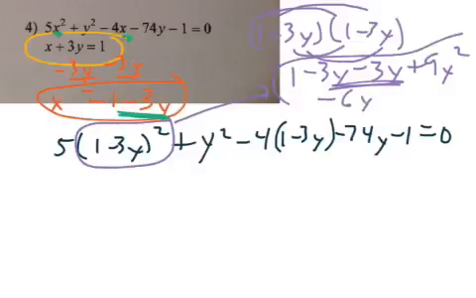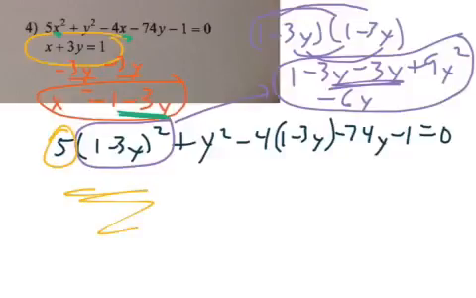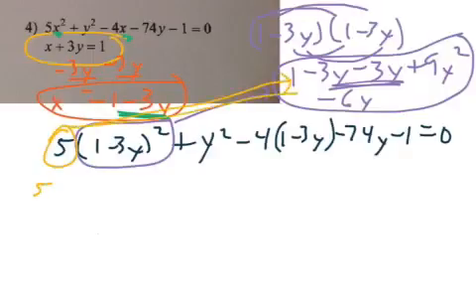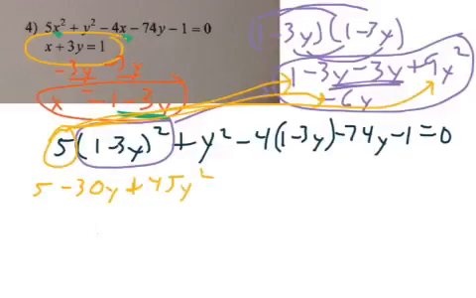Now I'm going to take this result right here, and if you notice in the original equation, follow the gold, I have a 5 I have to multiply it with. So as I write it down here, guys, I'm going to go ahead and distribute that 5 as well. I'm going to take 5 times 1 and get 5. 5 times negative 6y, get negative 30y. 5 times the 9y squared, and get 45y squared.